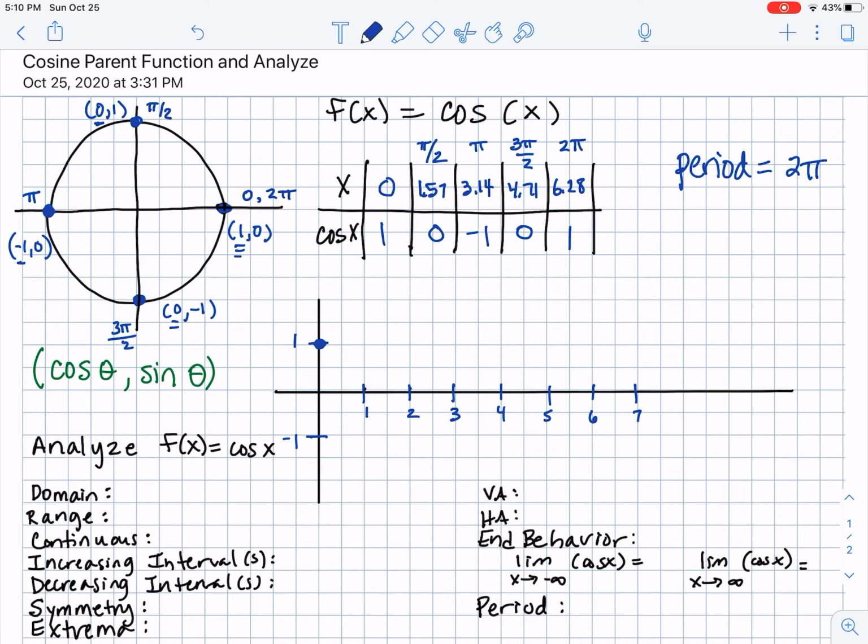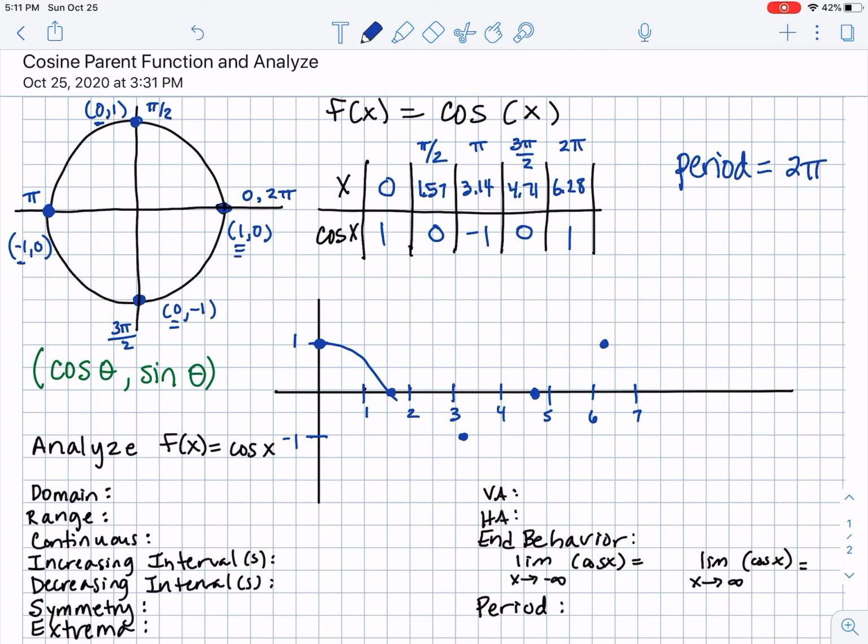And then we're going to plot (1.57, 0), (3.14, -1), (4.71, 0), and then (6.28, 1).